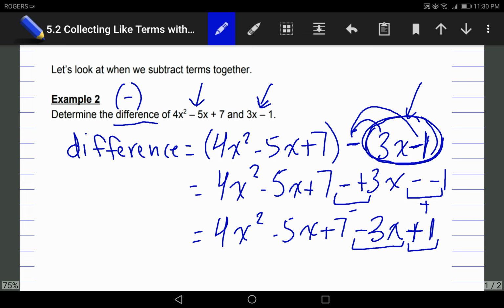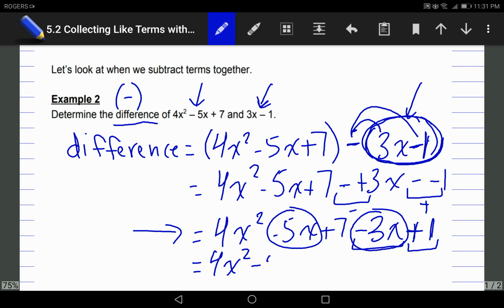Okay, let's collect like terms. 4x squared, are there any other x squareds in this line here? No. So we're going to keep 4x squared the way it is. Okay, there's nothing to combine with it. There are two x terms. There's a minus 5x and there's a minus 3x.